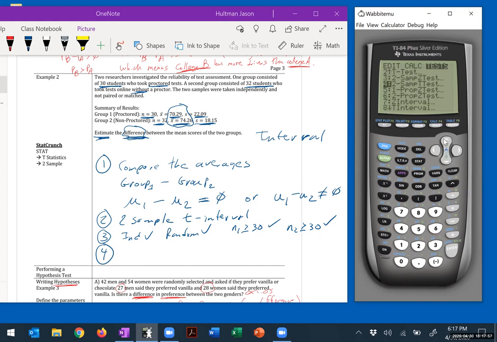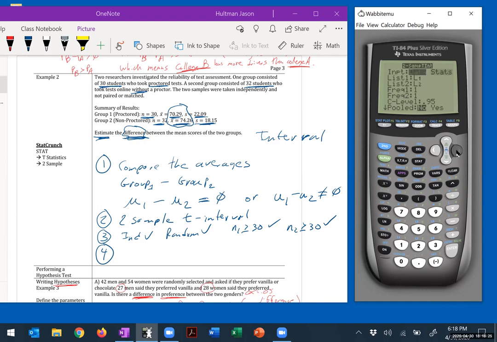Where's the two sample t? It's number 4 on the calculator. No, I don't want a test, I want an interval. Here, it's 0. Two sample t interval. I have to make sure I'm getting the right one. Two sample t interval is what I want. It's 0 on the calculator.